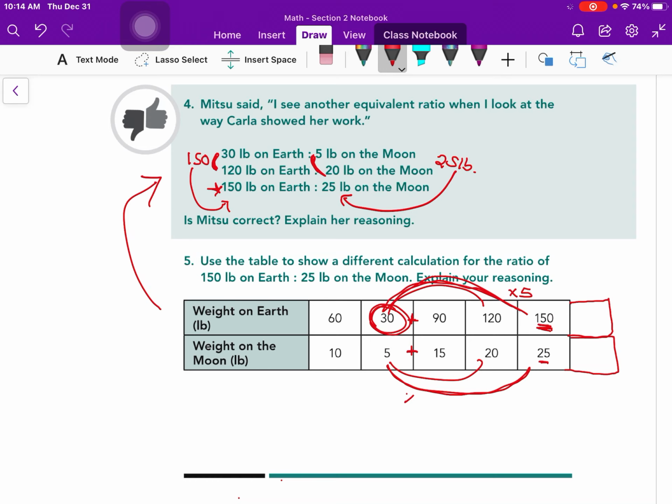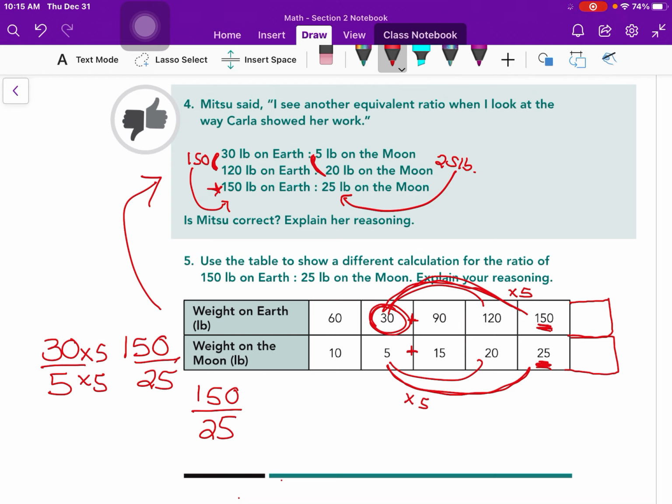And I could apply that same thing down here, and I could take 5 times 5 to come up with my 25. So I most definitely, if I had 30 over 5, and to get up to 150, I would times it by 5, times it by 5, to end up with 150 over 25.